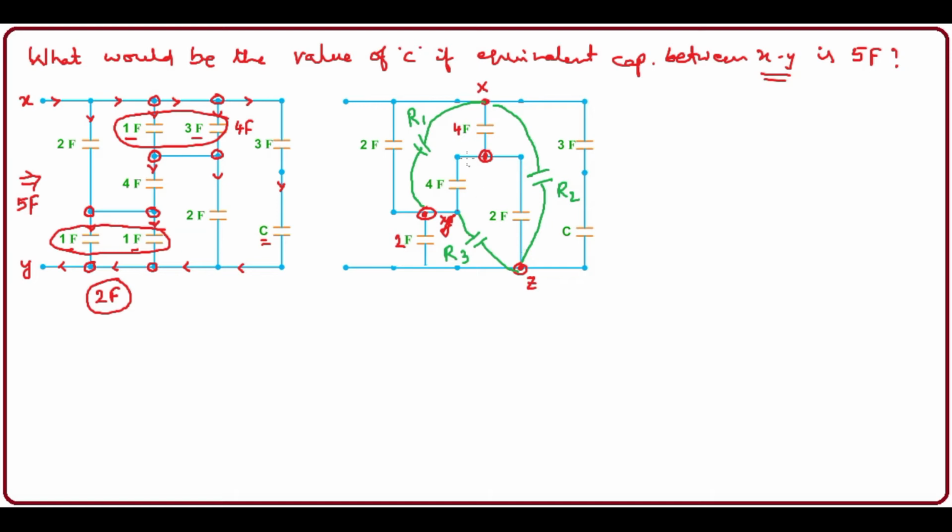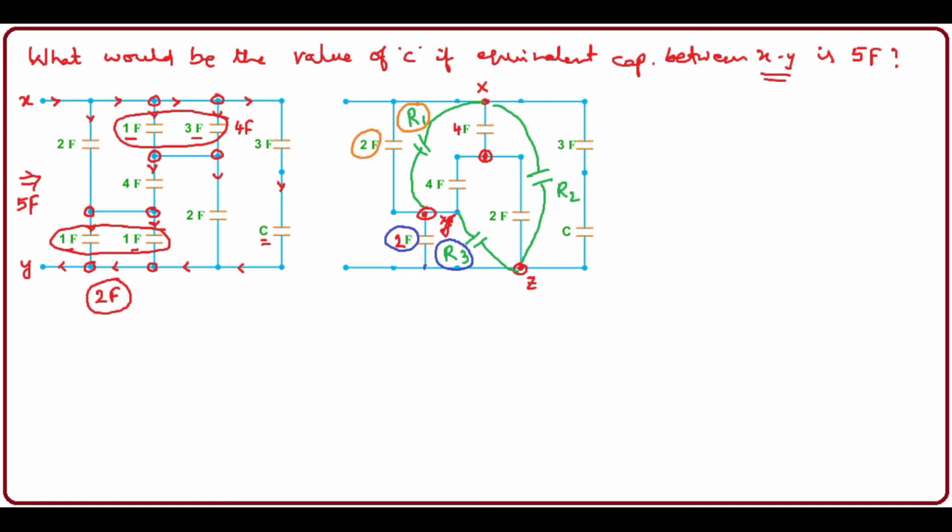Now this 2 Farad and this R1 are in parallel because they start at one point and end at one point. Similarly, this 2 Farad and this R3 are in parallel because they also start at one point and end at another, same point.